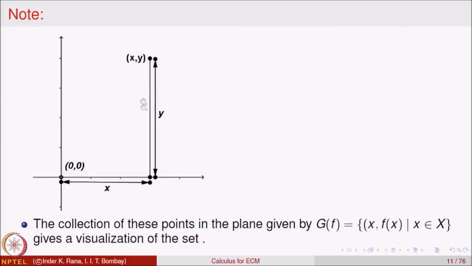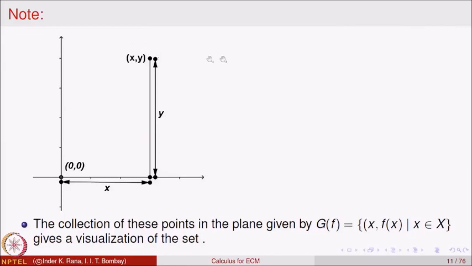If you take a point P with ordered pair x comma y, to locate it you go x units along the x axis and y units along the y axis, and you reach a point.